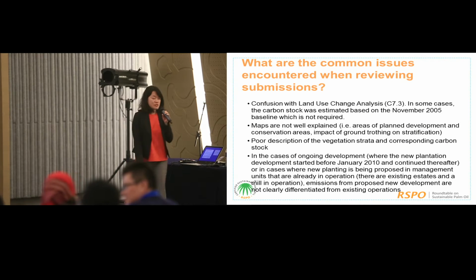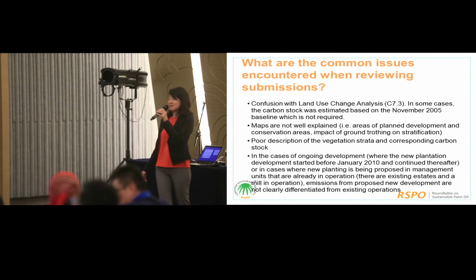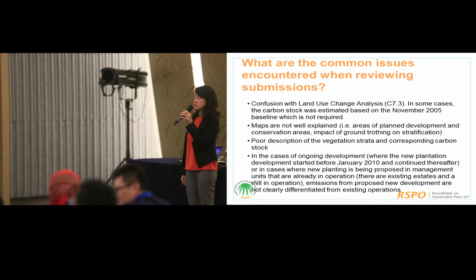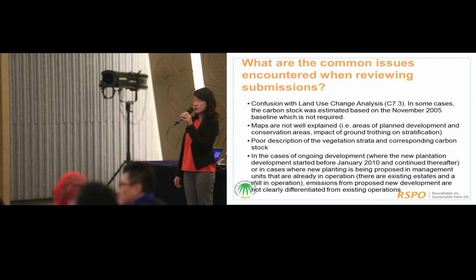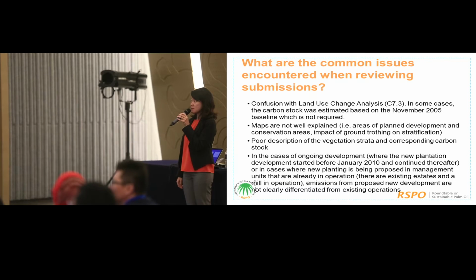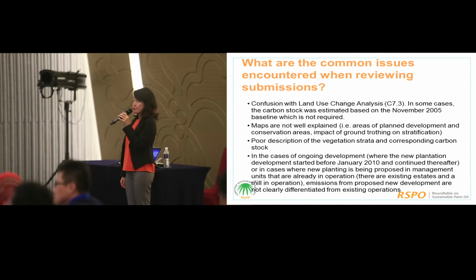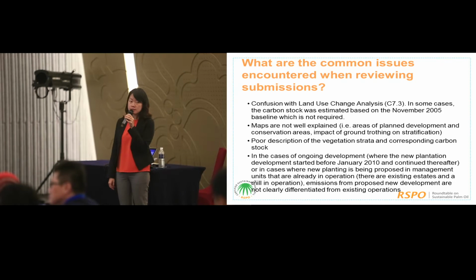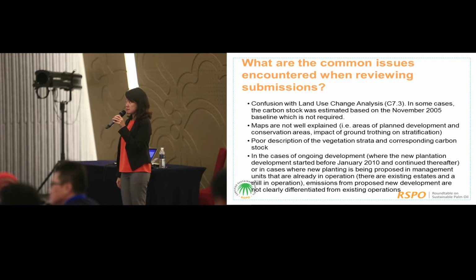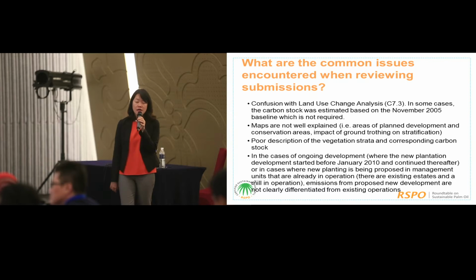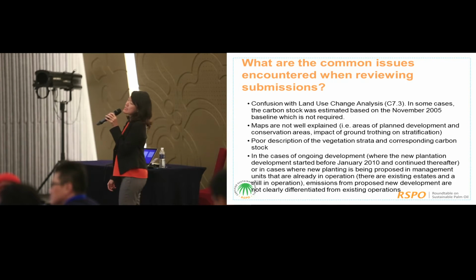So what are the common issues when reviewing submissions? I have touched a little bit on this when I was going through the checklist. Initially we had some confusion with the land use change analysis, but thankfully that has been rectified after speaking to some companies.